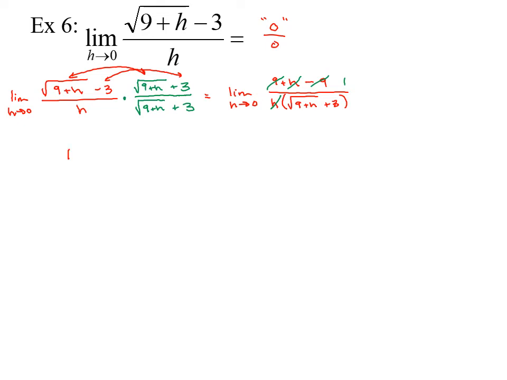The 1 on top won't change. If you plug h equals 0 in the bottom, you get the square root of 9 plus 0 plus a 3, which is equal to 1 over the square root of 9, which is 3. And as you can see, your final answer is going to be 1/6.